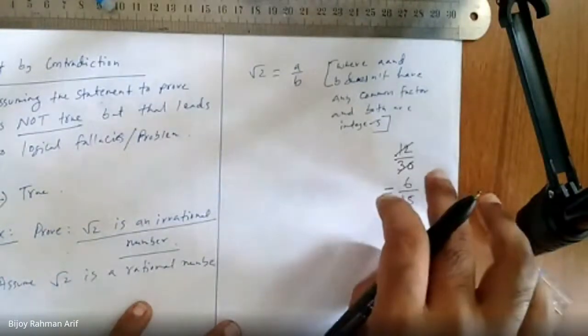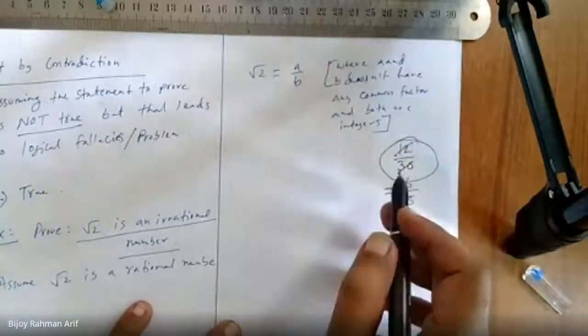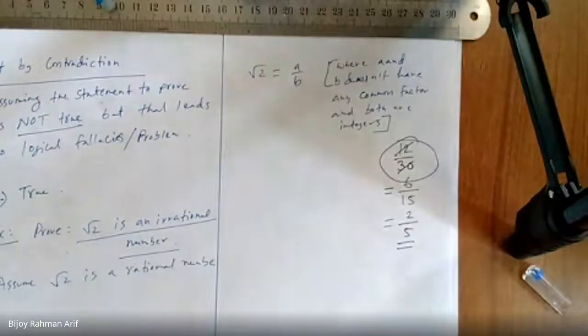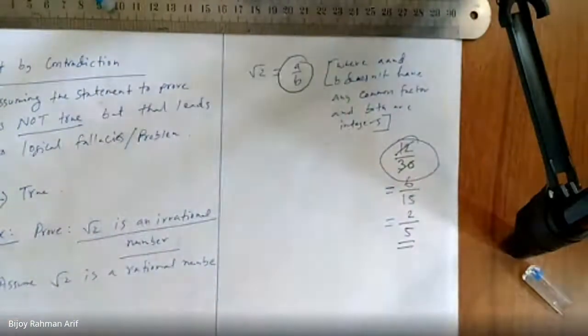Is there any more common factor? No. So any rational number can be represented in this kind of simplest form. Do you agree with me or not? So right now a and b are in this kind of form. It is important, remember.